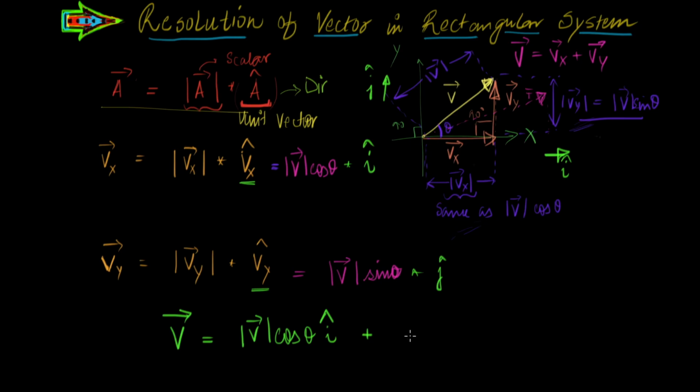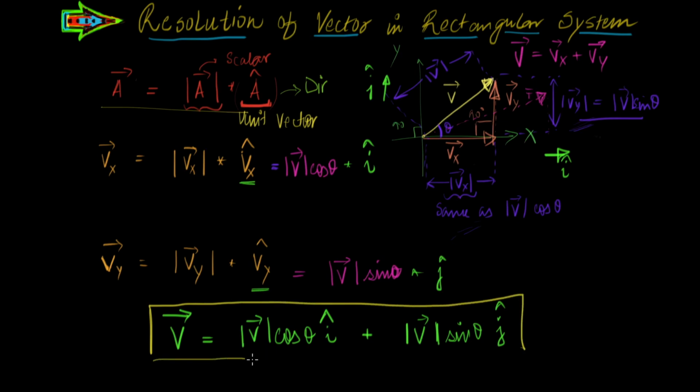And we have the second term associated with y. So that would be V modulus times sine of theta times the j cap. So this ultimately becomes our rectilinear resolution of the vector v.